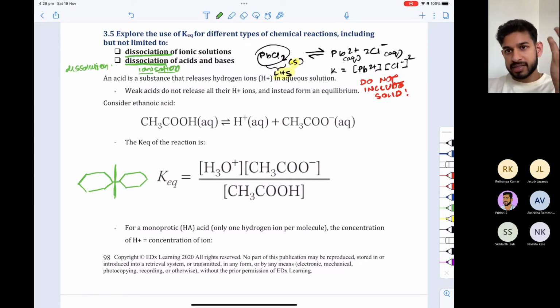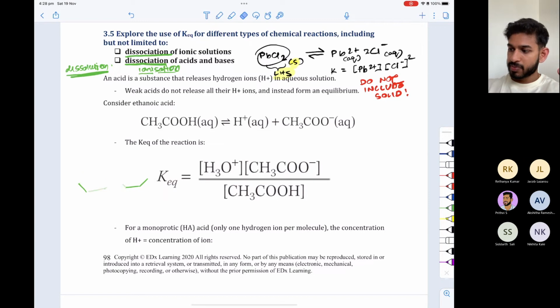It stays as either a single ring, double ringed, or 10 rings of sugar, right? So dissolution and dissociation are two different things. Ionic substances dissolve and dissociate. Sugars and non-ionic substances that are soluble only dissolve. Does that make sense, everyone? Good. So just make sure you understand the terminology.